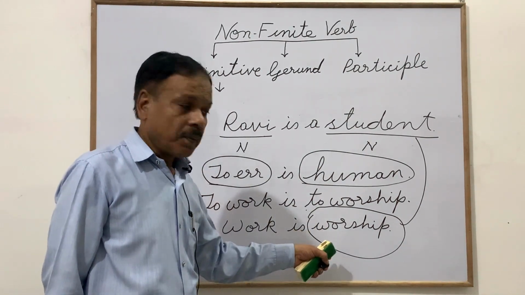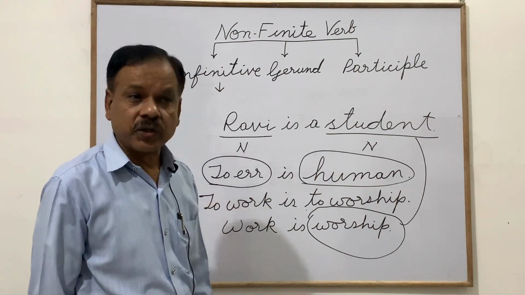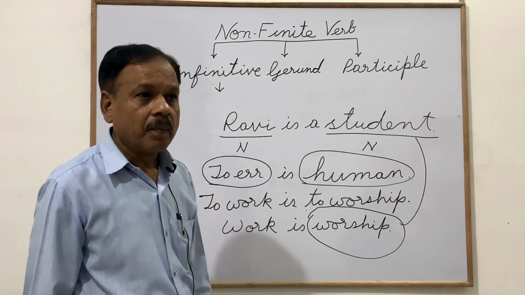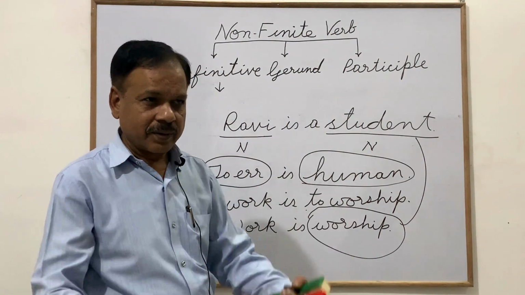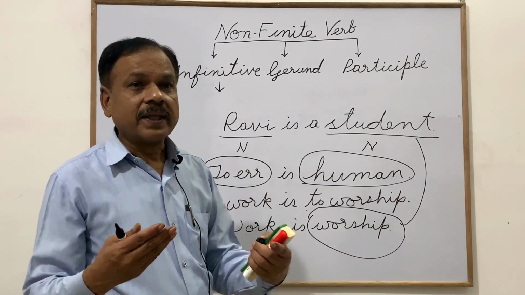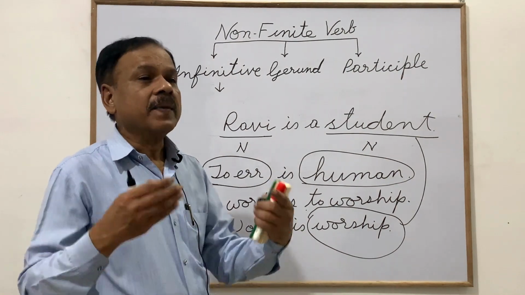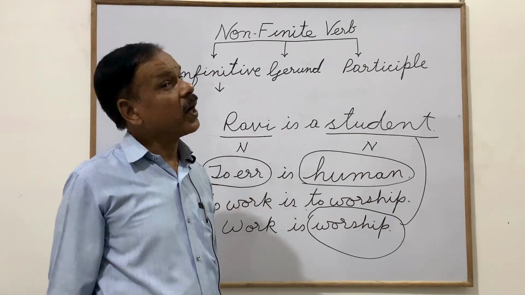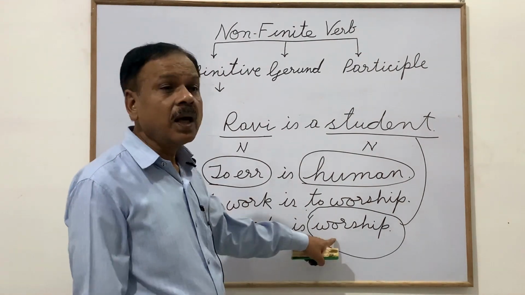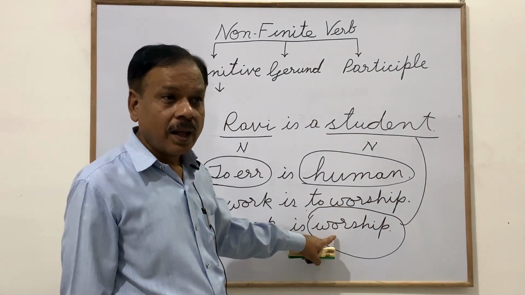Similarly, "I worship my God." I worship something, whatever it is, and in that sense I am using the word worship as a verb. But when I say, "Work is worship," it becomes a noun. It's used as a noun.